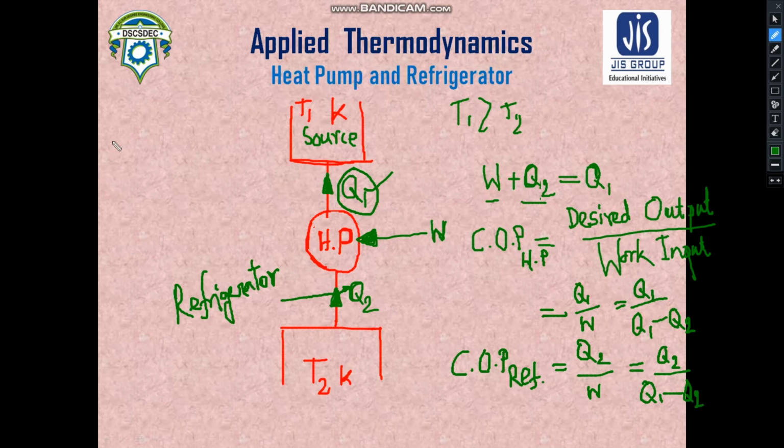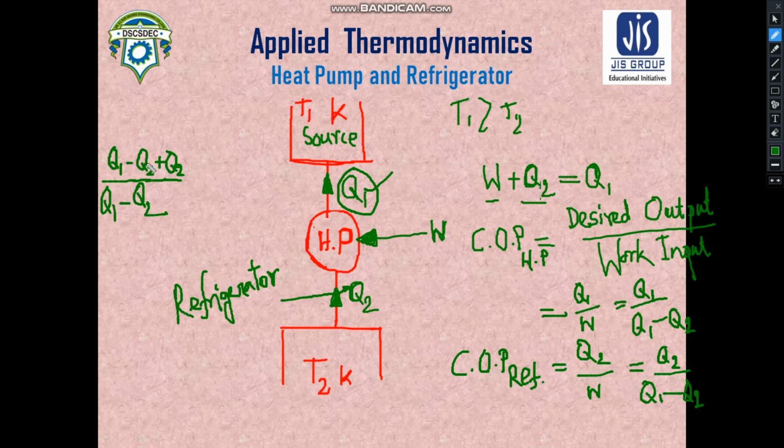Okay, so by simple mathematics you can understand that suppose you have this Q1 divided by Q1 minus Q2 as your COP for heat pump, right? So let us do a little bit of mathematical operations here. Let us add and subtract Q2 from this term.